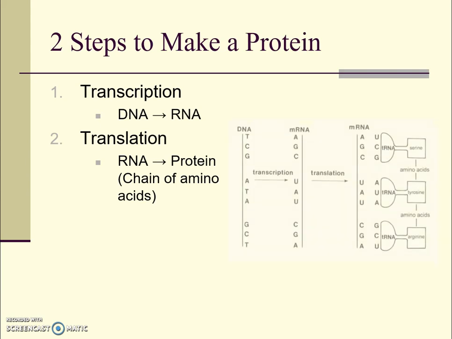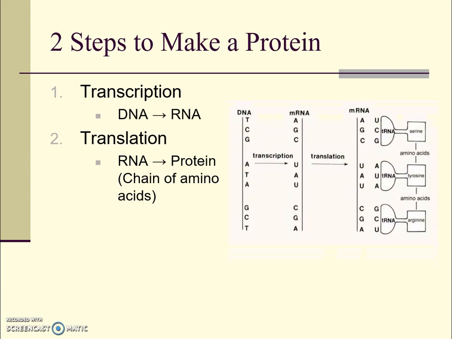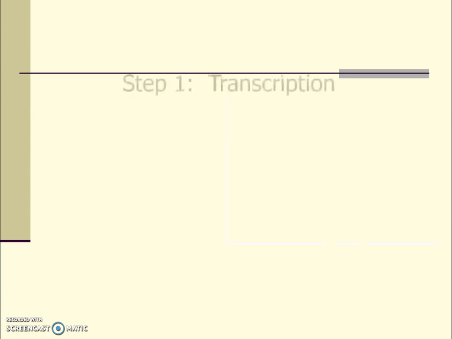In transcription, all the information from DNA is transcribed over to mRNA in the nucleus of the cell. In translation, this messenger RNA goes and attaches to the ribosomes, and tRNA brings in amino acids, making the protein.